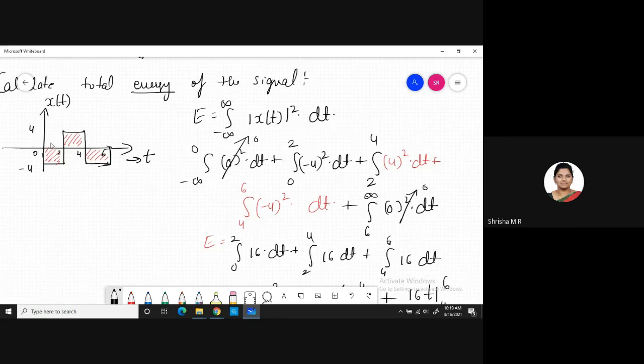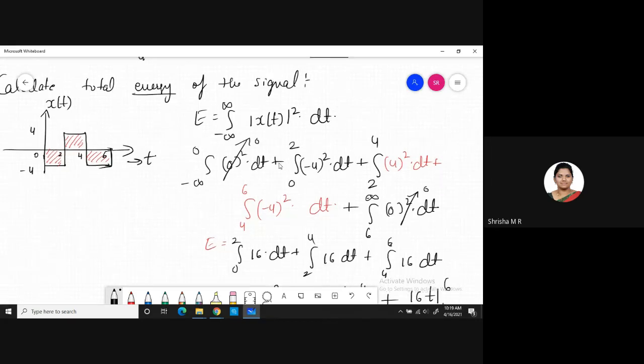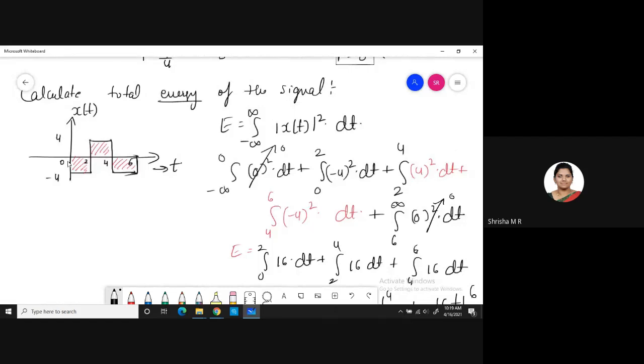From -infinity to 0, you don't have any signal, so 0 square into dt plus from 0 to 2 you have amplitude -4, so -4 square into dt plus from 2 to 4 you have amplitude 4, so 4 square into dt plus from 4 to 6 you have amplitude -4, so -4 square into dt plus from 6 to infinity there is no signal, so 0 square into dt.